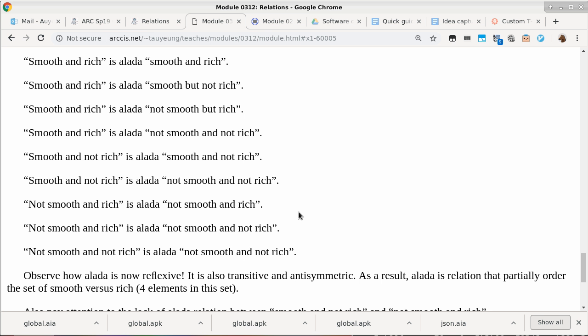Okay, so the beer example is partially ordered, but it's not totally ordered because we could not tell how to order smooth and not rich and not smooth but rich. So those two cannot be ordered according to the way we specify the problem. And therefore it is not totally ordered. If something is totally ordered, you can give me 2 values, and I can always tell you how it relates one way or another. But in this case, I cannot tell you how it's ordered.